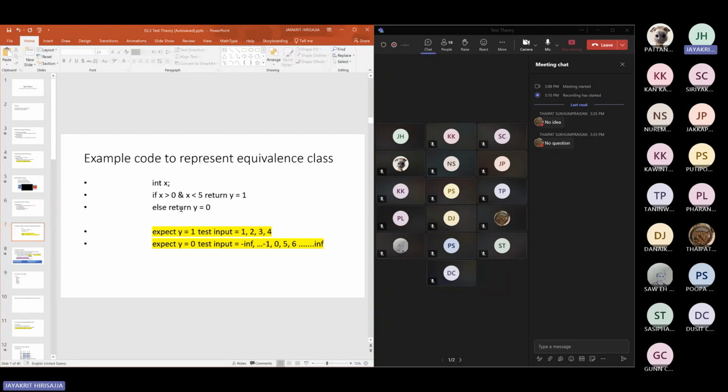Else, return y equal to 0. And in the highlight, we expected result 1. There are two output types, I should say 0 and 1. But the code here is giving 1 out first. But anyway, how many equivalent classes do we have?